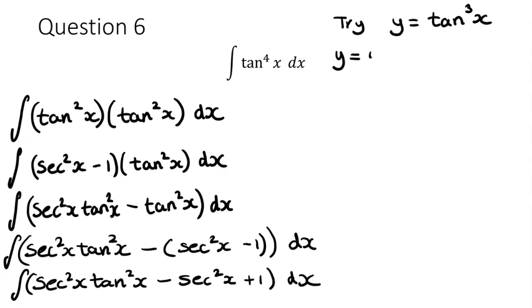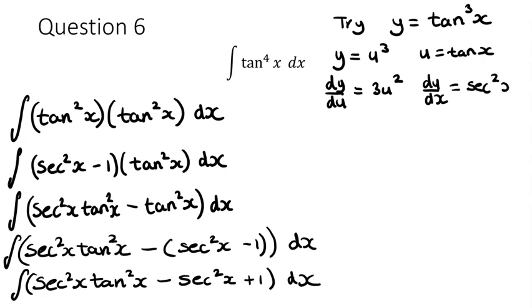So one more time, I'm going to use the chain rule here to see what this would differentiate to be. So y is going to be u cubed, where the u is tan x. Because remember, tan cubed is just tan x in the bracket to the power of 3. So when you differentiate tan, you get sec squared as mentioned before. So when I differentiate tan cubed, I get 3 times u squared, where the u squared is going to be tan squared.